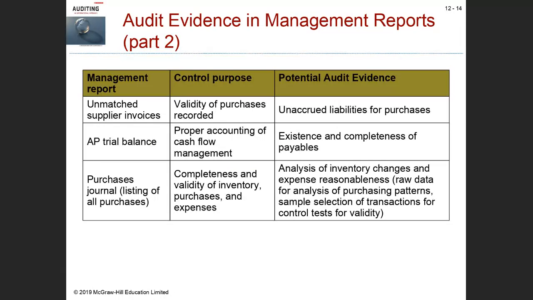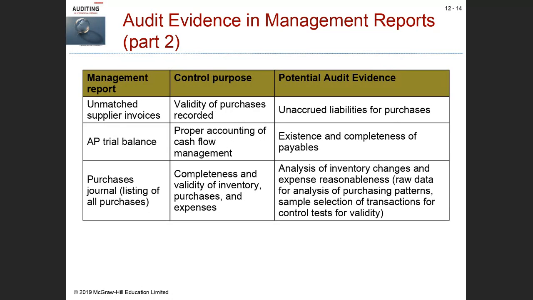How about unmatched supplier invoices? So if you receive invoices from a supplier, it may be an indication you've actually received the goods, but maybe the receiving report has gotten lost or hasn't been processed. So again, it may go towards unaccrued liabilities because keep in mind, you don't record the liability until you match the purchase order with the invoice from the supplier with the receiving report, right?